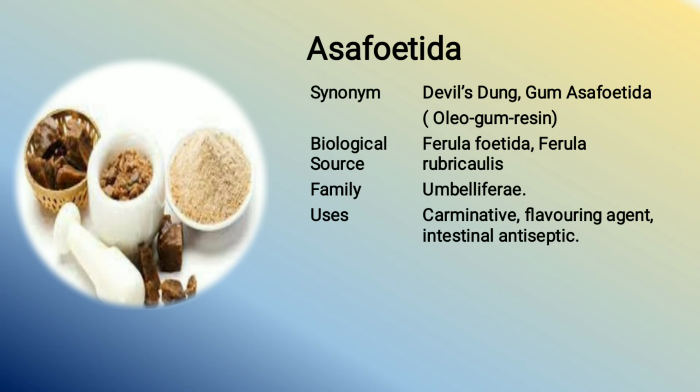Then talking about its biological source, Asafoetida as such is oleo-gum resin obtained by making incision from living rhizomes and roots of Ferula foetida or Ferula rubricaulis, right? And its family is Umbelliferae. Then it is used for the purpose of carminative, flavoring agent, as well as intestinal antiseptic.